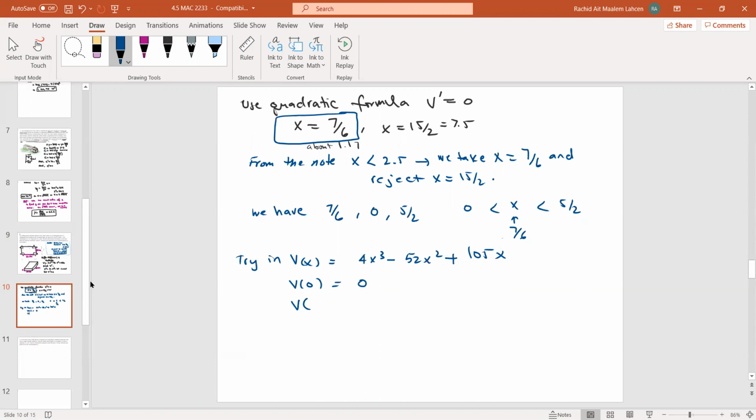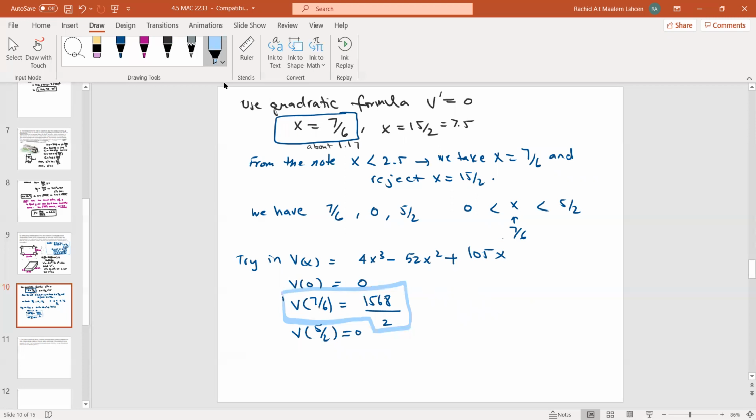If you try 7/6, keeping, of course, the fractions just like the examples, you get this. And if you try 5/2, you get 0. So definitely the answer is this one. Definitely this is where the maximum is happening, right?